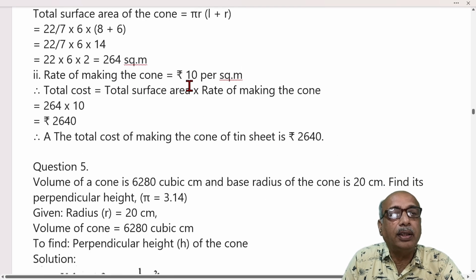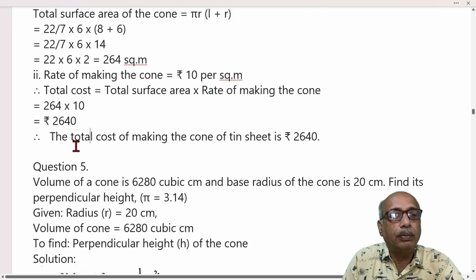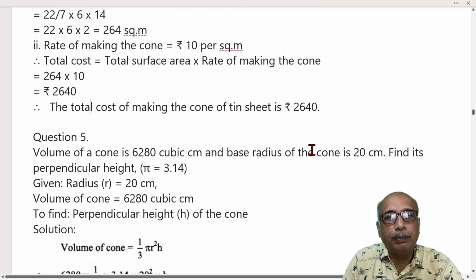Rate of making the cone is rupees 10 per square meter. So total cost equals total surface area into rate of making, 264 into 10 equals 2640. Cost of making the cone of tin sheet is rupees 2640.